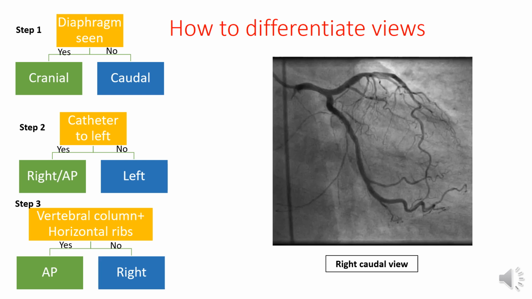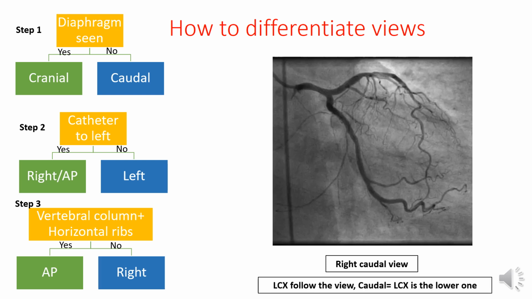And as we mentioned before, the circumflex follows the view, so this view is caudal, so the circumflex is the lower vessel seen here. And as we discussed before, the caudal views are aligned more with the atrioventricular groove of the heart, so the vessel seen running along the picture is the circumflex.